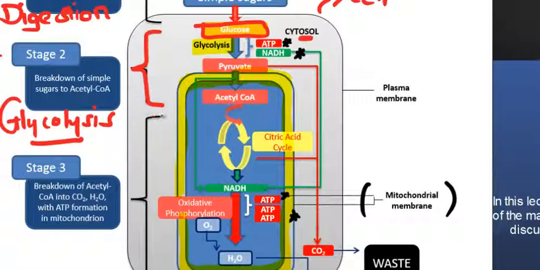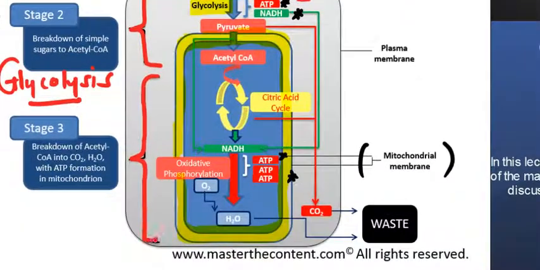Now in the third and final stage, what we have is these two main processes. The first one being the citric acid cycle, and the second one being what is referred to as oxidative phosphorylation using the electron transport chain. So basically what happens in the third stage is the acetyl coenzyme A that we produced from glycolysis is then fed into the citric acid cycle, which results in the formation of NADH.